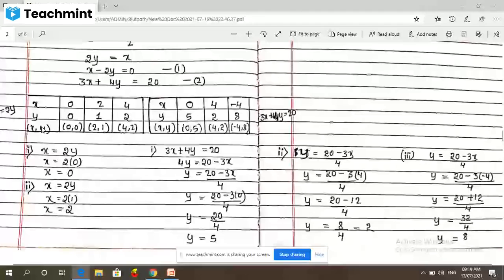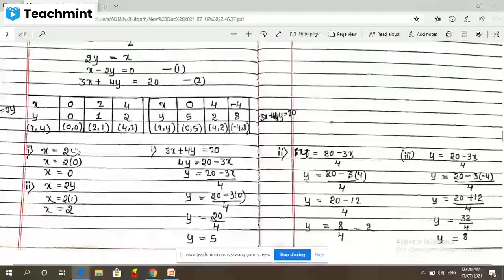The equation is in the x form, in the sense that in the LHS part we take x, and whatever remaining terms and numbers we transfer to the right hand side. So x minus 2y is equal to 0 gives x is equal to 2y. Now we substitute the y value, then we get the x value.